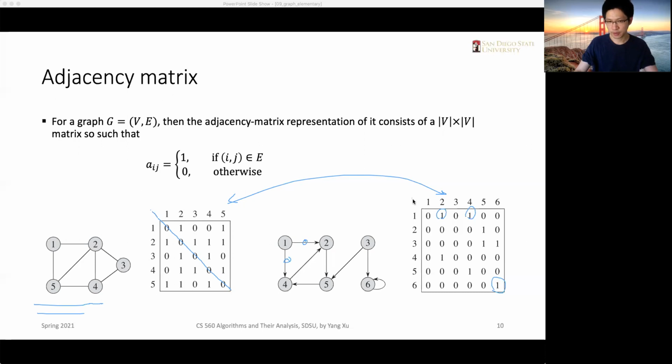But for the directed graph, it is not the case. That is because an edge from the starting vertex to the ending vertex is considered an edge, but not the other way around. For the undirected edge, the same connectivity is counted twice.